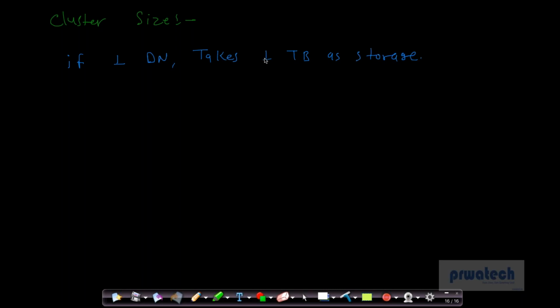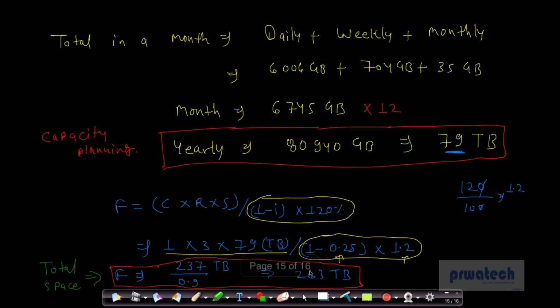If one data node takes 1 TB as a storage, then obviously how many data nodes are required? I'm writing this, okay? It's not necessary that you always have to say this. If you want to decrease the number of data nodes, then you can say I need one data node with 2 terabytes. But in that case your number of CPUs and RAM will be less. That's why 1 terabyte is a good unit.